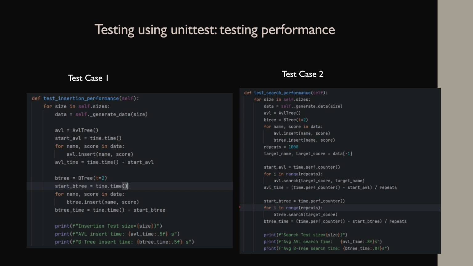For the second test, search performance, we see how quickly a tree can perform repeated searches. I filled both of the trees with the same data, and the last element is used as the search target. Each tree performs 1,000 search operations, we calculate time using time.perf_counter, and then we print the results.